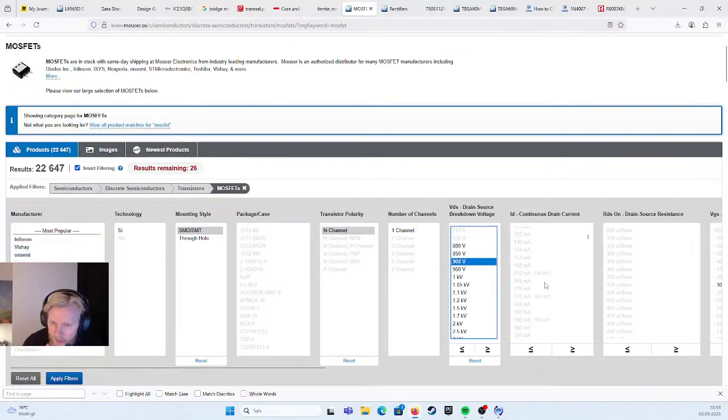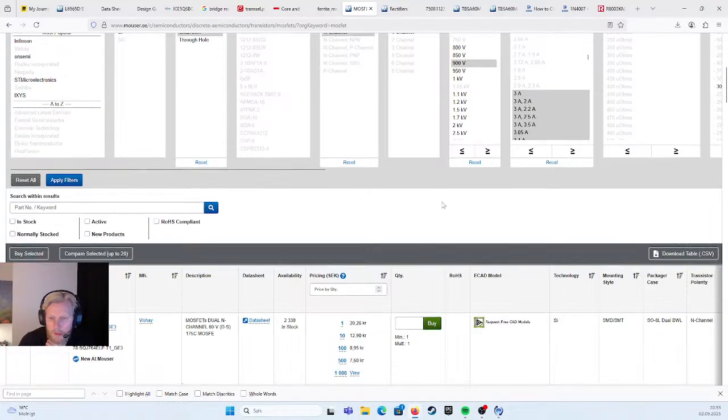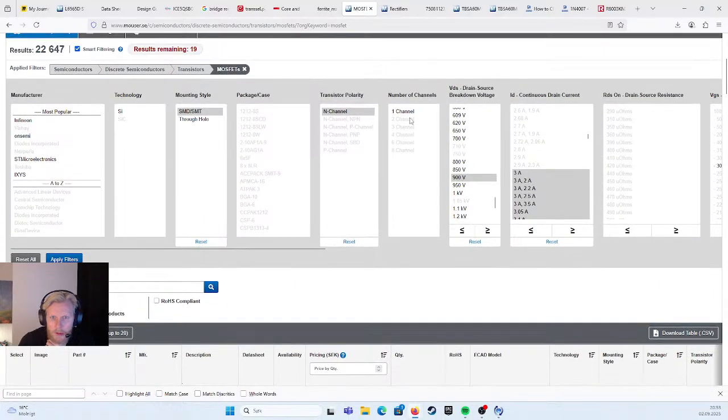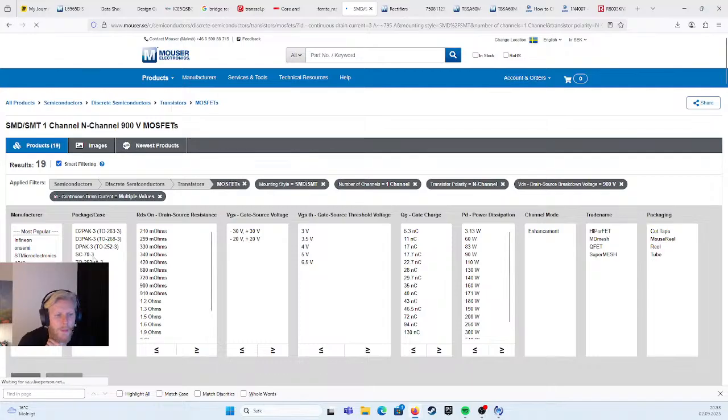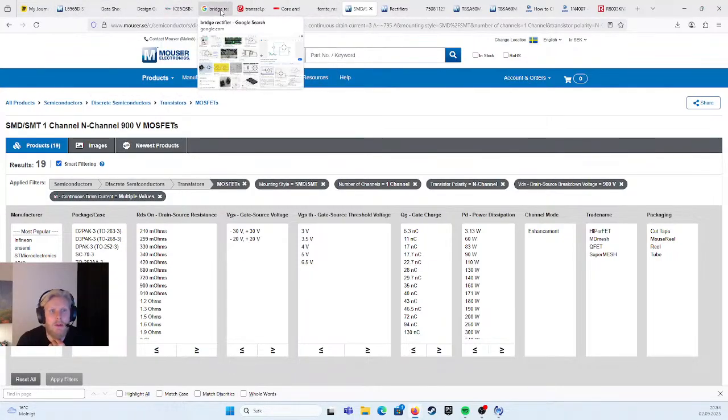Continuous drain current has to be at least 2.46. So we will select 3 amps and up. And only one channel. Yeah, we have a similar package, TO-252AA, to the one they selected in the example.